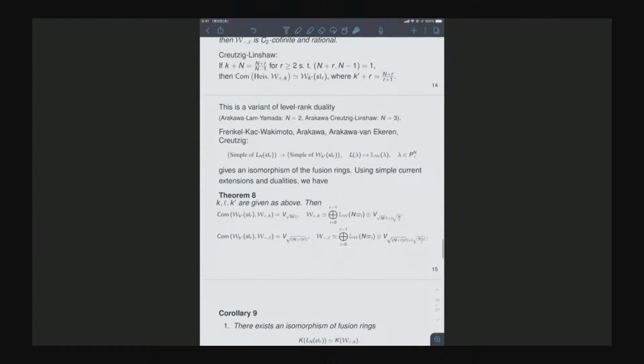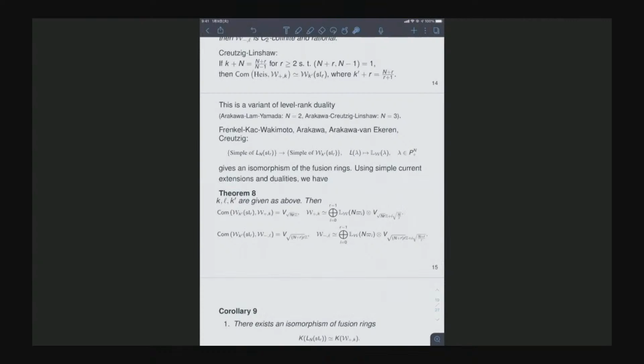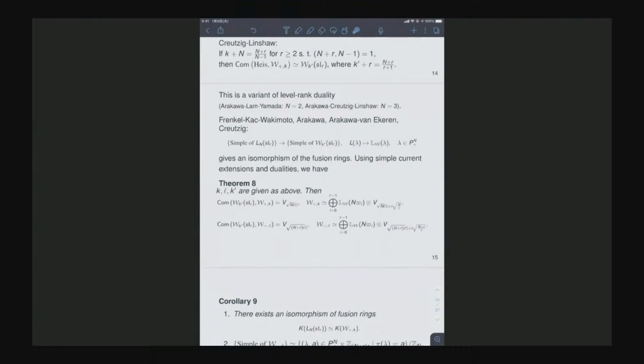And we can prove this result by using simple current extensions, and also combining dualities between W^+ and W^-, we obtain the dual statement for W^-. This also W^- now decomposes into modules of principal W-algebra tensor lattice vertex algebra modules. Okay.